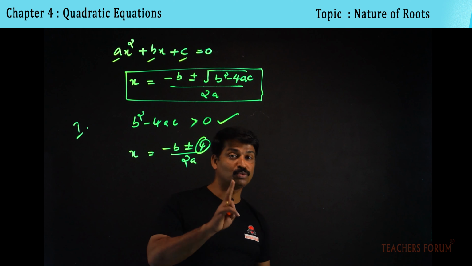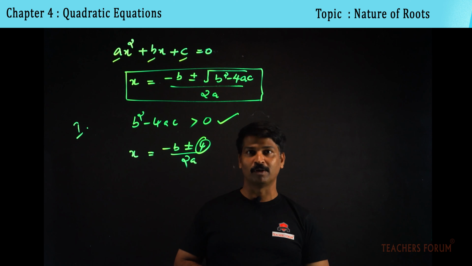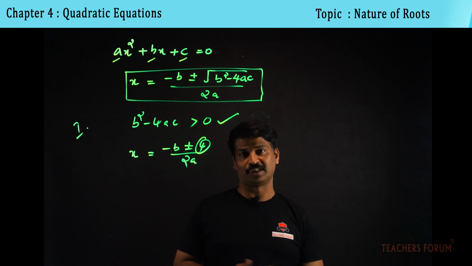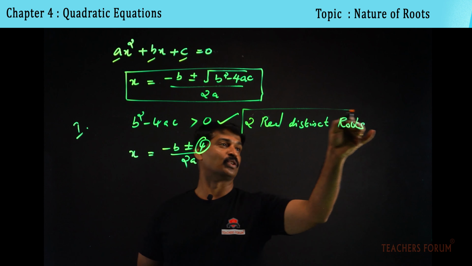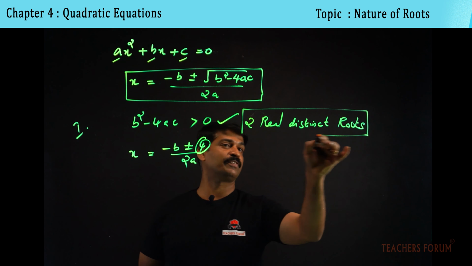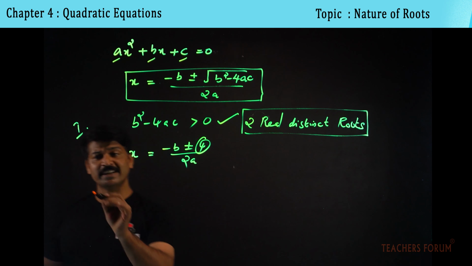So there will be two zeros, and those two zeros will be distinct, that means different. So if b square minus 4ac is greater than 0, there will be two real distinct roots. This is the first result. Okay, now let us see the second case.